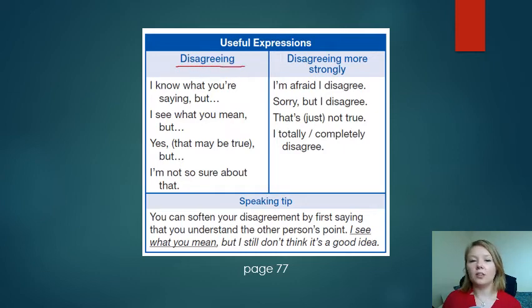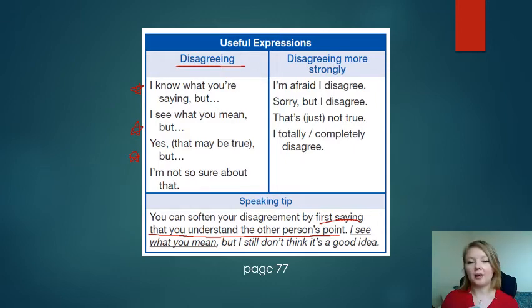First, let's look at just simple disagreeing. Before we look at this, when we want to be very polite, we can first say that we understand the other person's point. So this is something we're going to see in the first 3 examples over here.